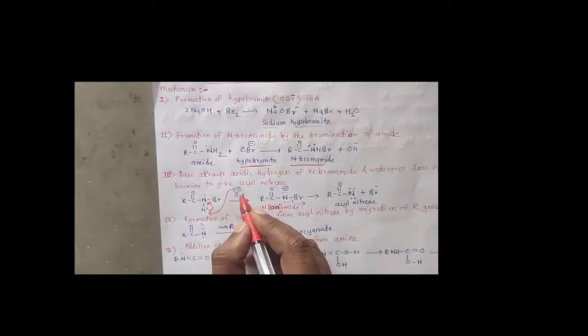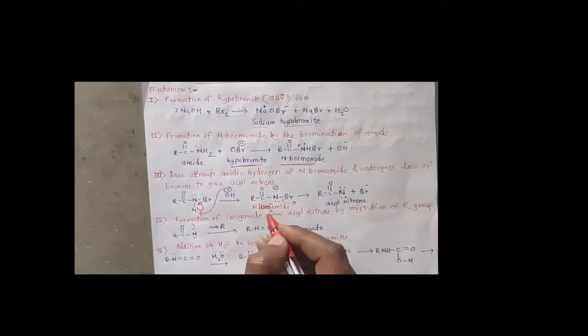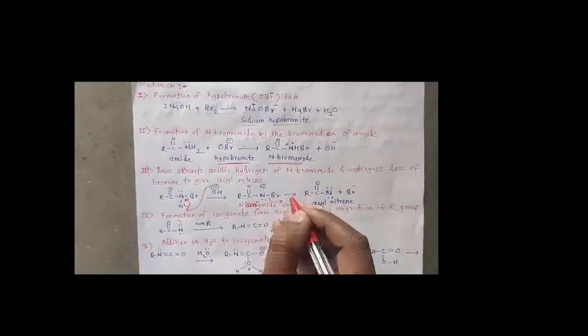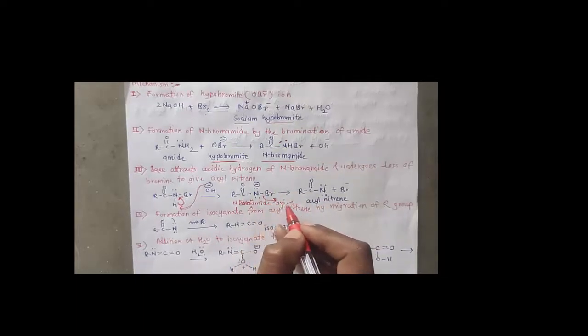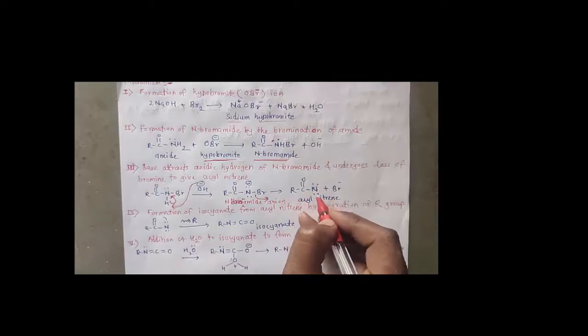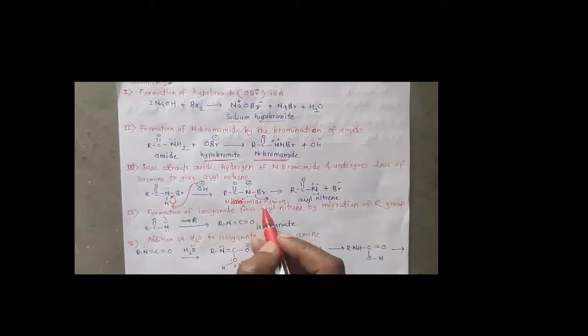So the base attracts the most acidic proton of N-bromoamide and forms the N-bromoamide anion, whose bromine gets eliminated and it converts into the acyl nitrene, RCON, where N carries two lone pairs of electrons, plus Br minus. That means in step three the N-bromoamide undergoes loss of bromine and forms acyl nitrene.